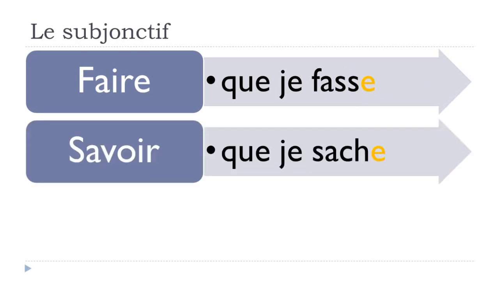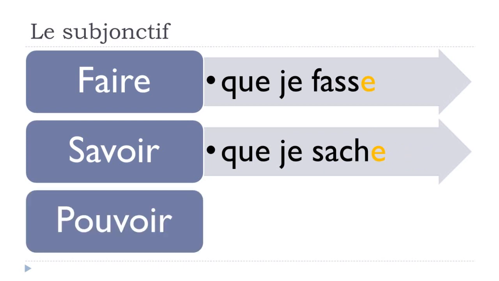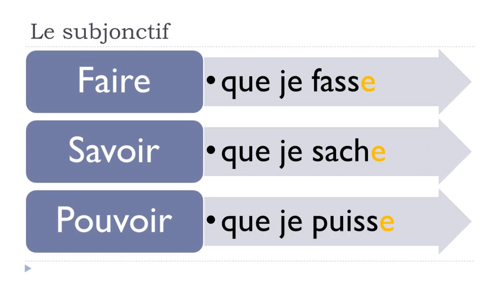Savoir will give you que je sache. Same thing here, but then of course you will take it away, and after that you will put the endings that we saw according to the person. And then pouvoir, can, will give you que je puisse. Exactly the same thing here. You take the stem away and then you put the endings according to the person.